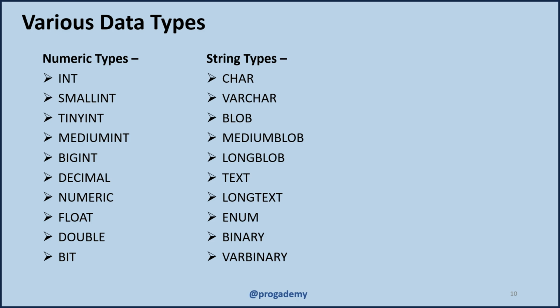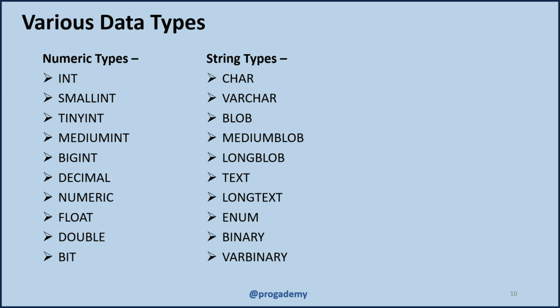Then if we have the name of a city, the name of a person, or some character values, alphabetical values, then we will call them string types. It can be a single character, it can be a varchar, it can be a big value or a sentence.